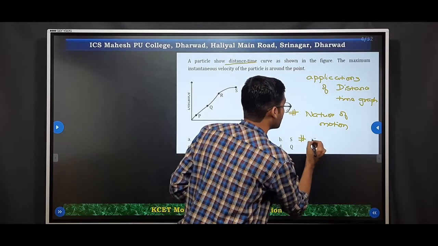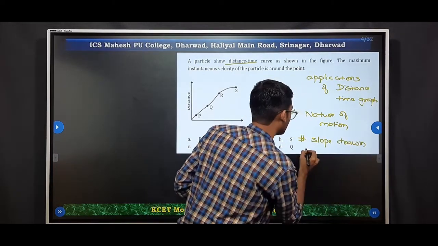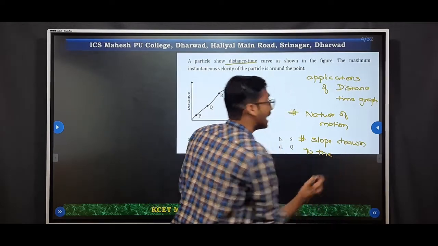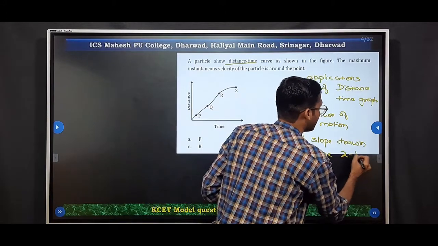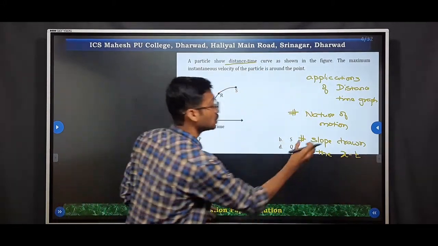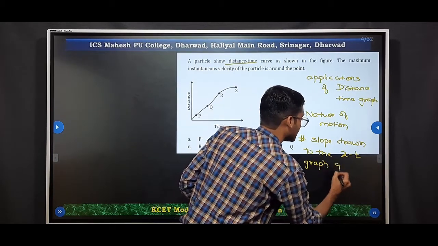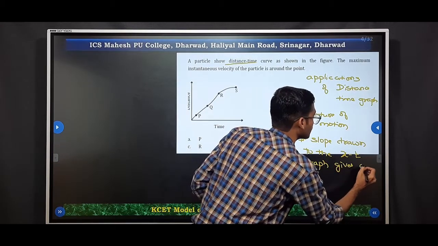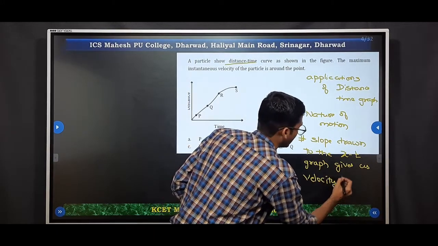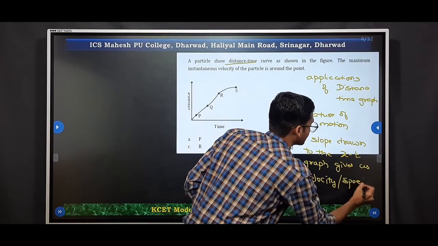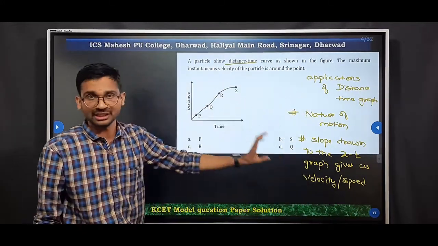The slope drawn to the position time graph, otherwise the xt graph, gives us velocity and also speed. These are the two applications of any position time graph.